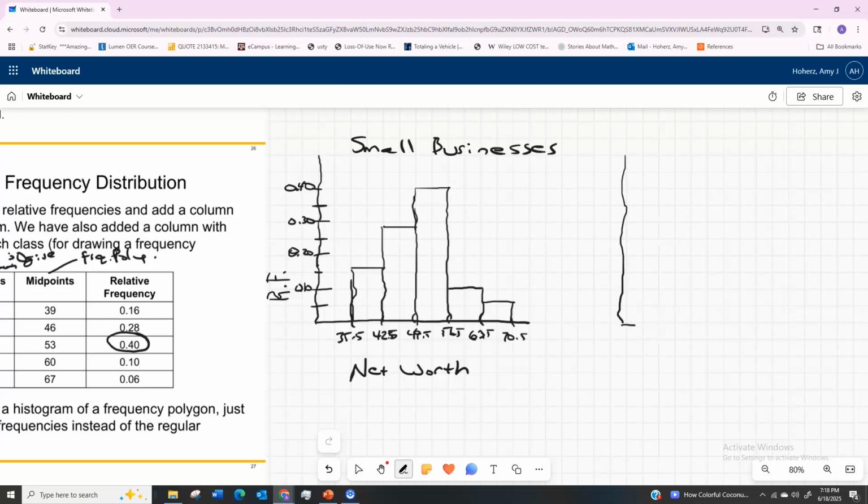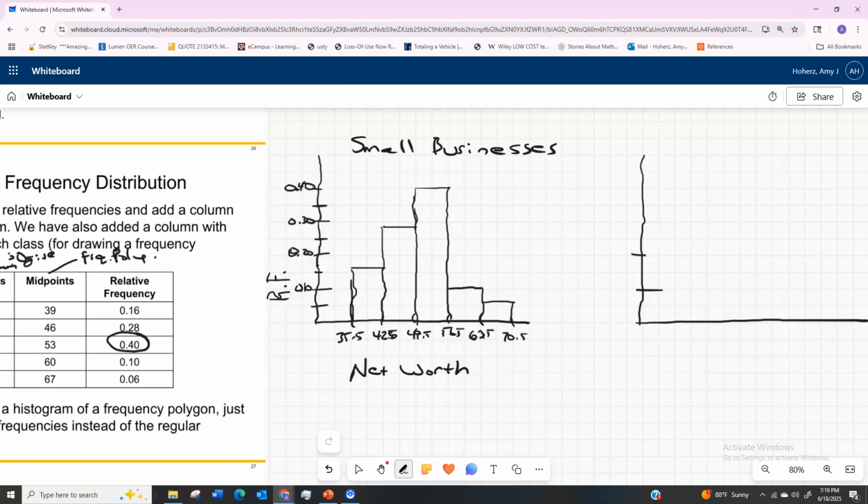Okay, so we're going to come down, over, and we still want to label the, man, that side one is hard for me to draw. Let me try again. All right, that's doable. All right, so we're going to label it up to 40% again because that's still our highest.